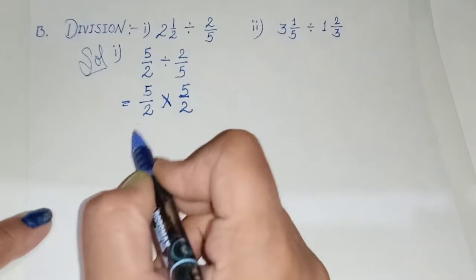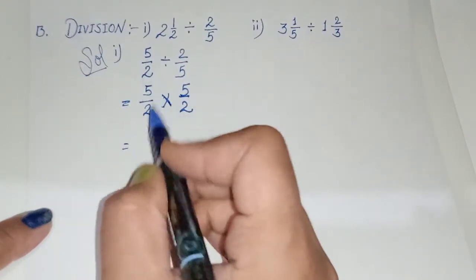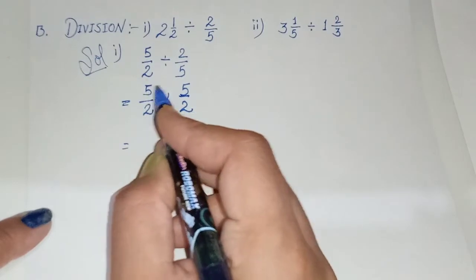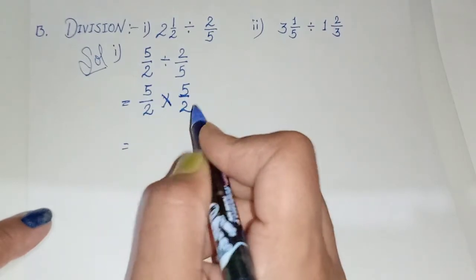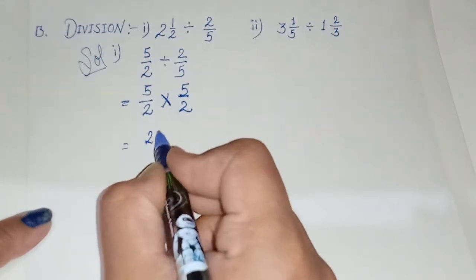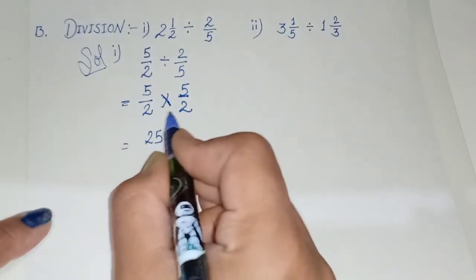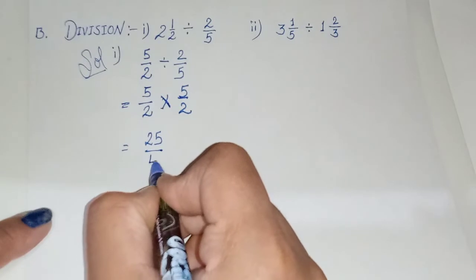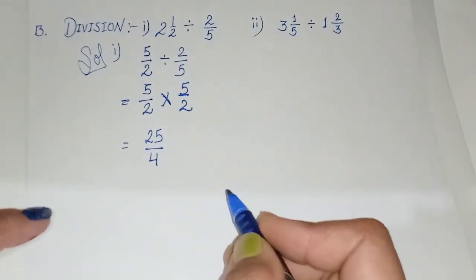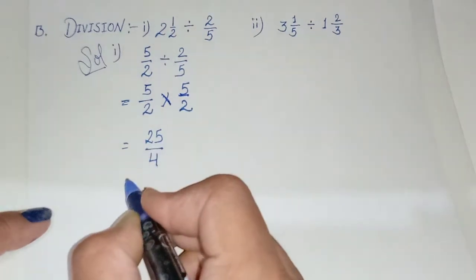Again, now it has become simpler. You have already seen the solution of the multiplication case. Numerator into numerator, denominator into denominator. So here we have 5 5s are 25, 2 2s are 4. So the answer of this division is 25 by 4, and as it is an improper fraction, again we will turn it into mixed.